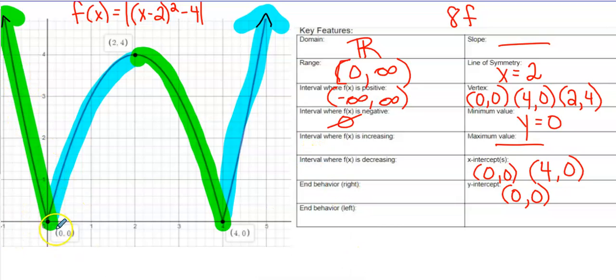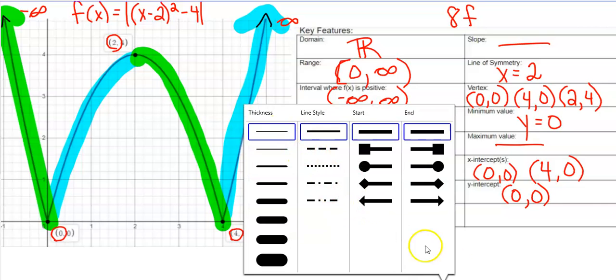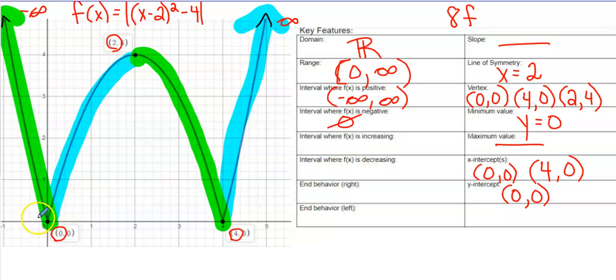So we're looking at x values on these. Let's look at the decreasing ones first. The green ones are the decreasing ones. This first one on the left is going from negative infinity to 0. So we'll make sure we put it down here.